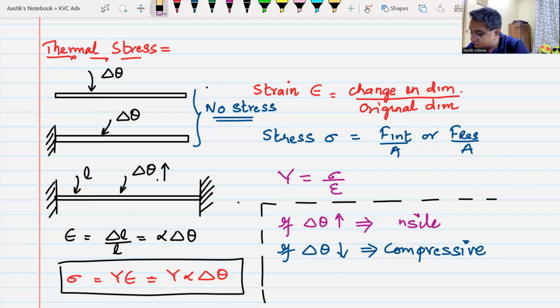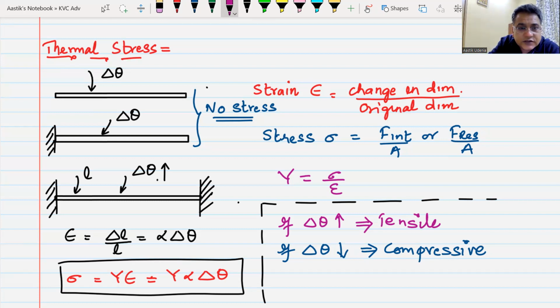Is that so? If the temperature increases, the rod wants to expand. Yes, the rod wants to expand. Written it correctly. Okay. Do we understand this? Yes, sir.